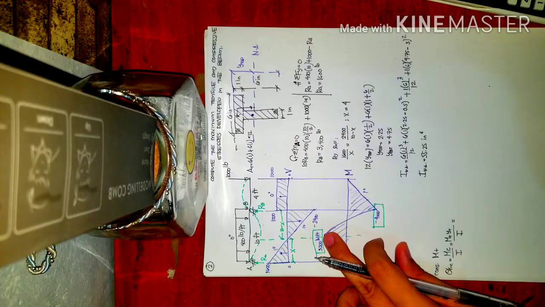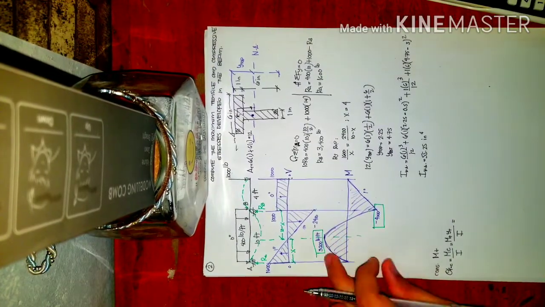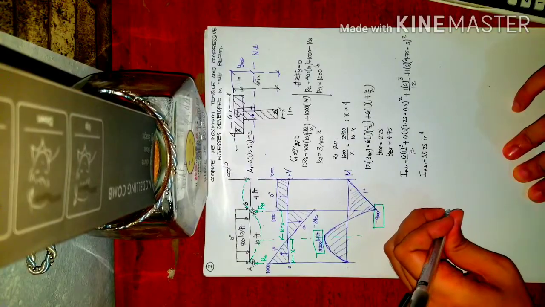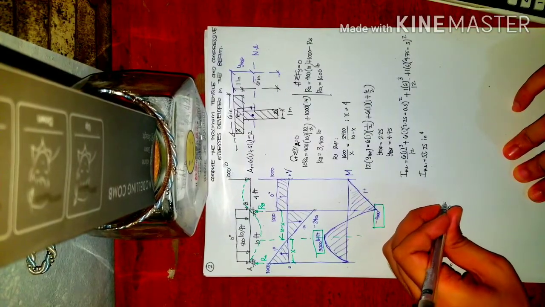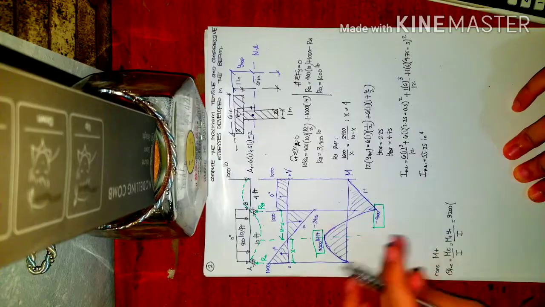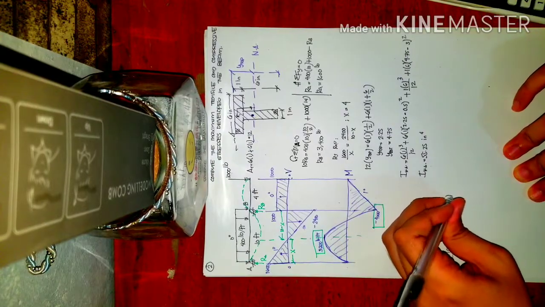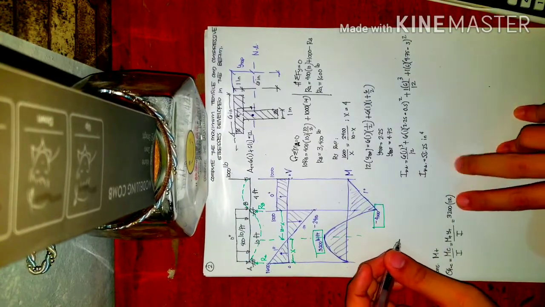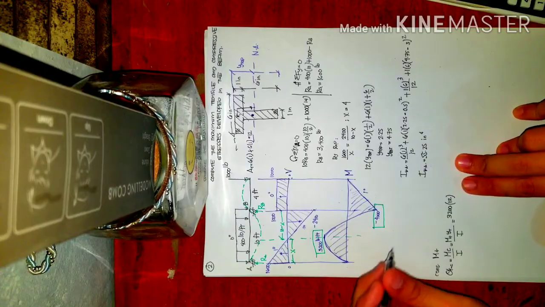So, ito naka-pound feet. So, kailangan natin convert yung pound feet to pound inches. So, that will be 3,200 pound feet. So, multiply mo ng 12 para maging pound inches. And then, yung Y top mo, nakuha naman natin kanina.